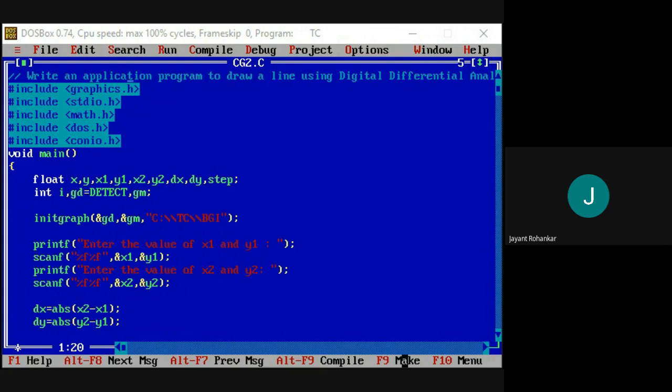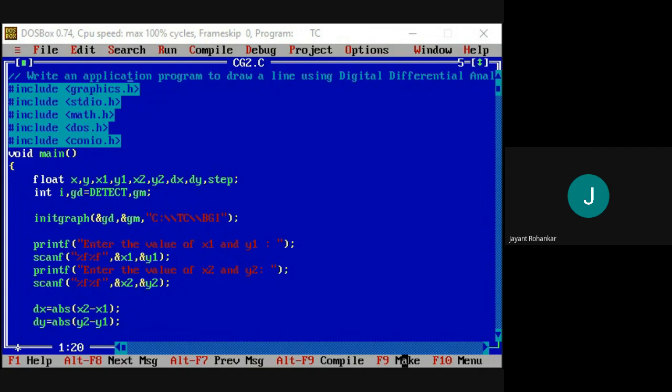When we are using this digital differential analyzer algorithm, we have to enter two points, that is P1 and P2. P1 has the coordinates x1 and y1, which is prompted by this printf statement, and we provide the values of x1 and y1 by using the scanf statement.